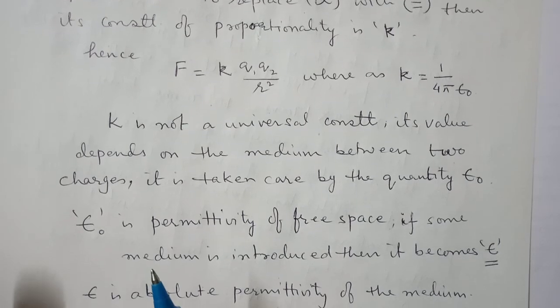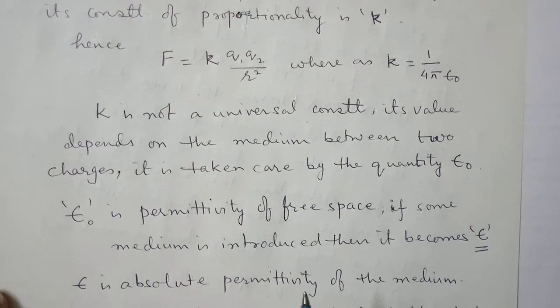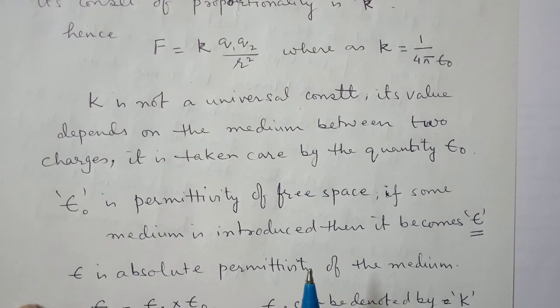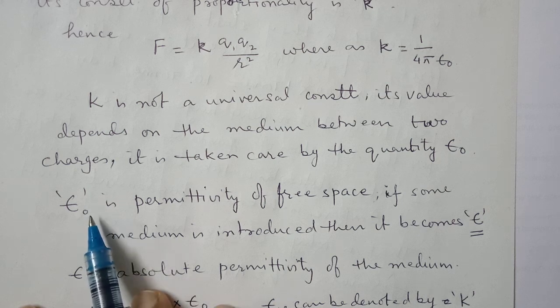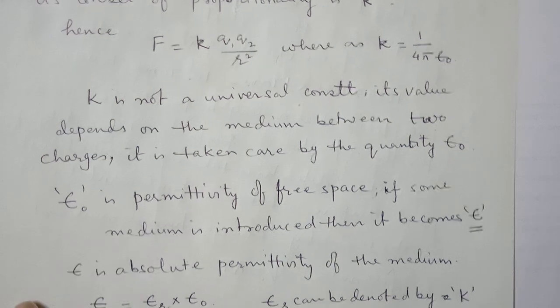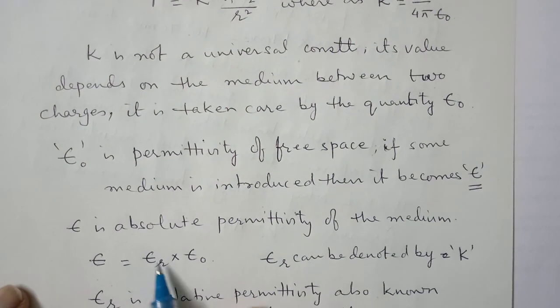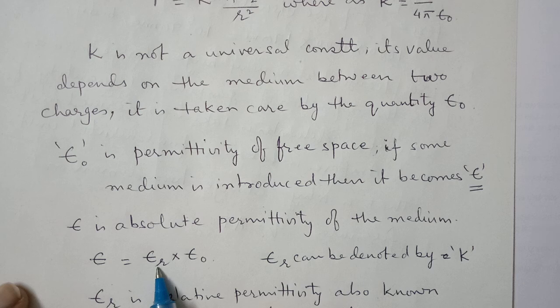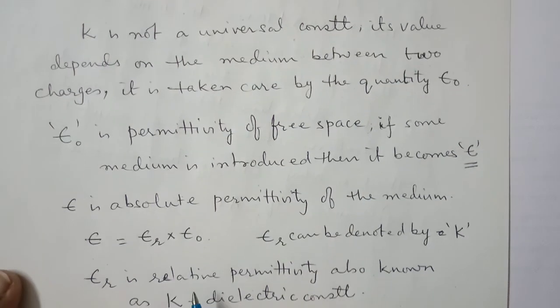So, in place of free space, if a medium is introduced, then this epsilon naught is denoted by simply epsilon, and it is the absolute permittivity of the medium, which is given by epsilon is equal to epsilon naught epsilon r, where this epsilon r is the relative permittivity, which is also known as dielectric constant, given by K.